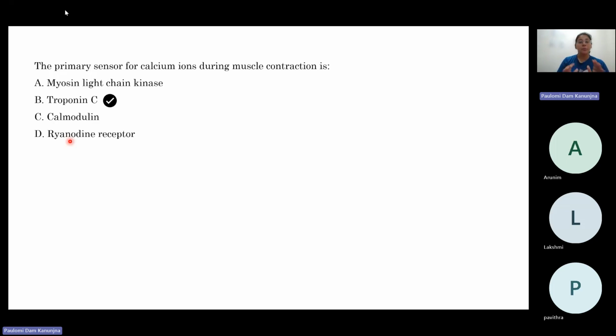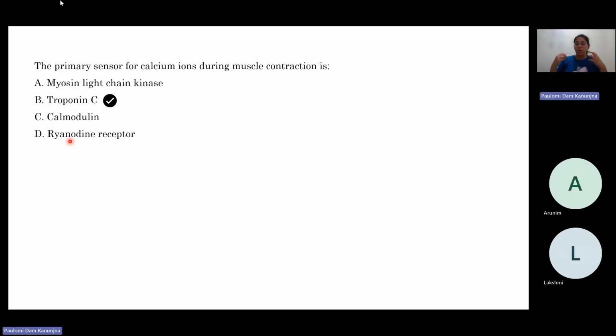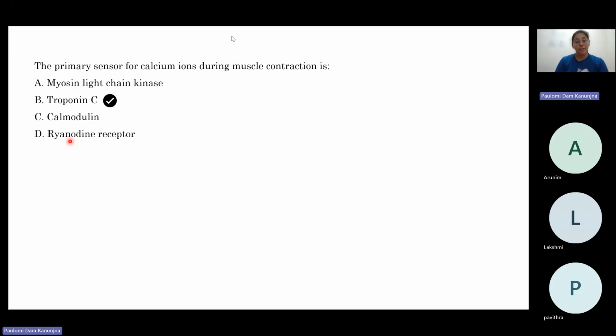If you remember, we have discussed muscle contraction. Actin myosin interaction brings them closer to each other, so you have contraction of muscle. So your muscle contraction is basically actin myosin interaction. Now, actin myosin interaction takes place because of the movement of tropomyosin, right?